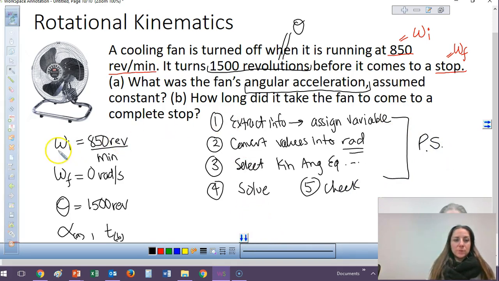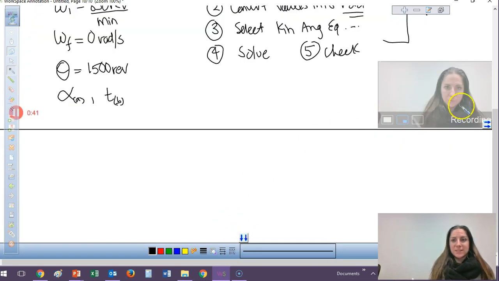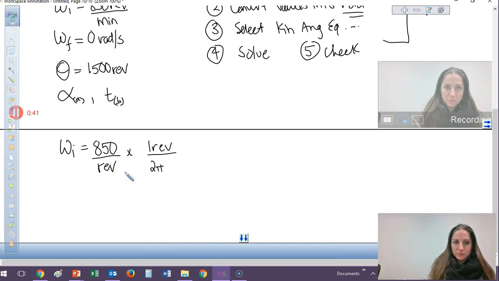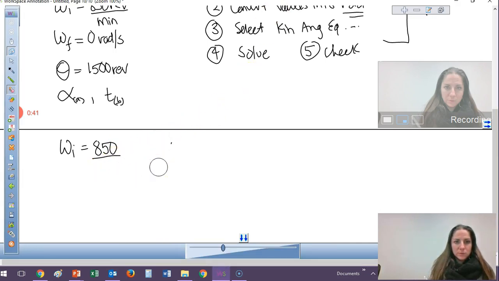So I did part 1 already. So now I'm going to convert all those values, okay? There we go, a little snapshot of myself. It's so silly. Okay. I'm just going to rewrite this number. Oh, I'm sorry. Let's fix this. Let's start over. There we go. I missed revolutions per minute. There we go.